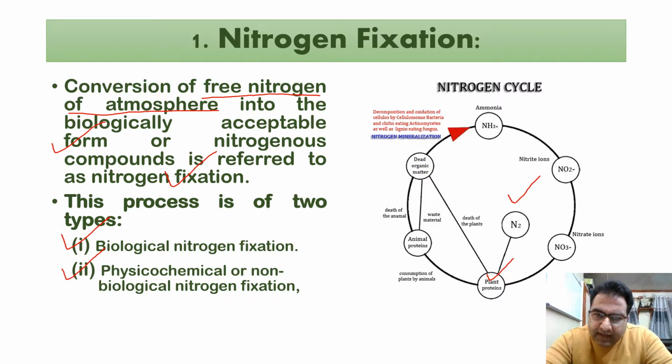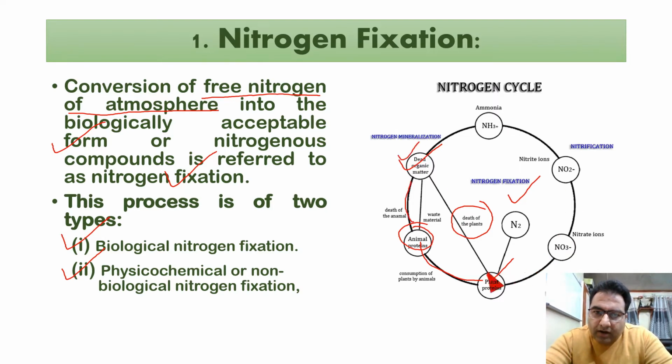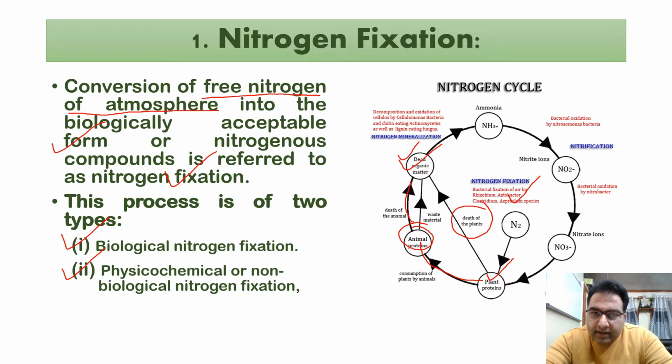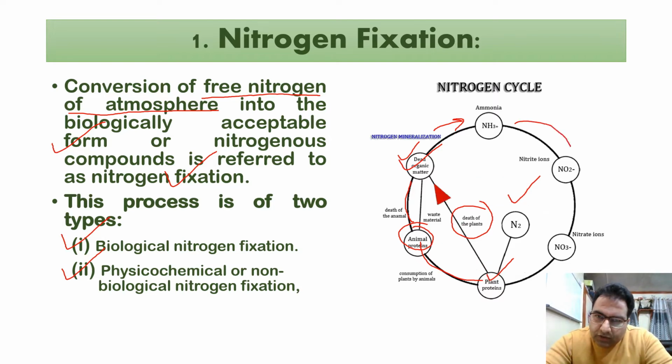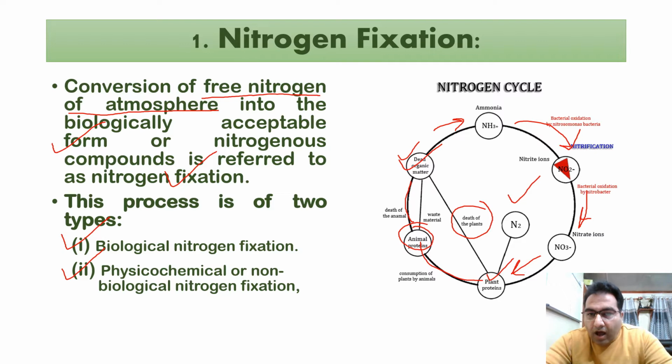The plants, after death and decay, form dead organic matter, or the plants are eaten by animals, and after their death and decay, they turn into dead organic matter or waste matter. This decomposition helps in the formation of ammonia, which turns into nitrite ions and nitrate ions, which are again taken up by the plants or released into the atmosphere again.